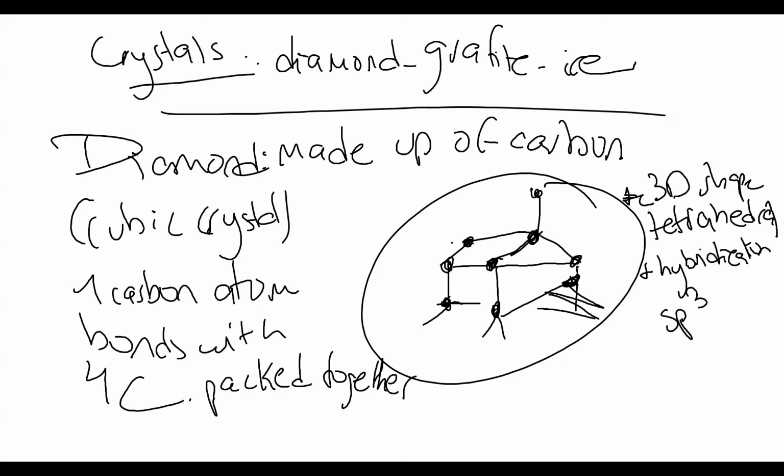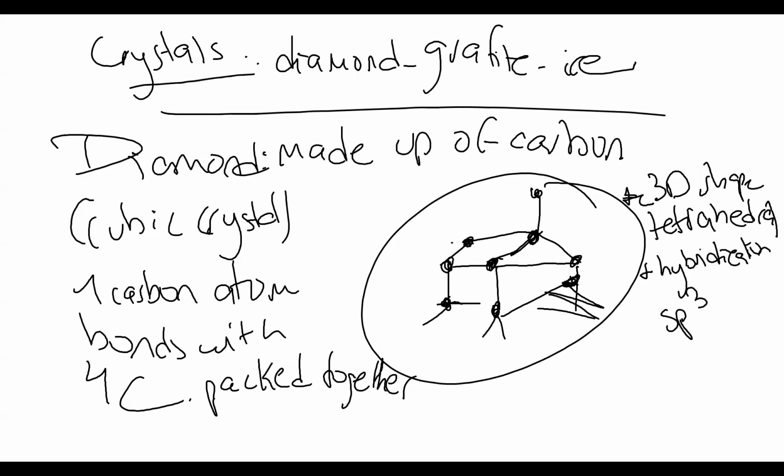So any question? Why is it tetrahedral? Because each carbon is bonded to four other carbons. If you remember methane, it's out of this, but I'm going to give another example.